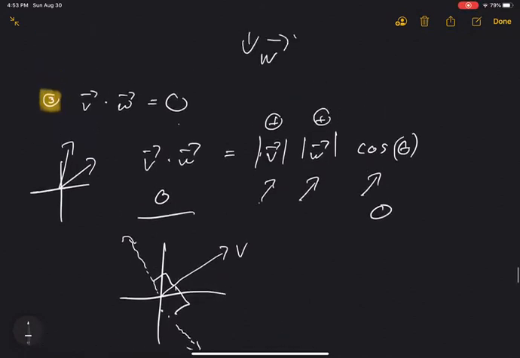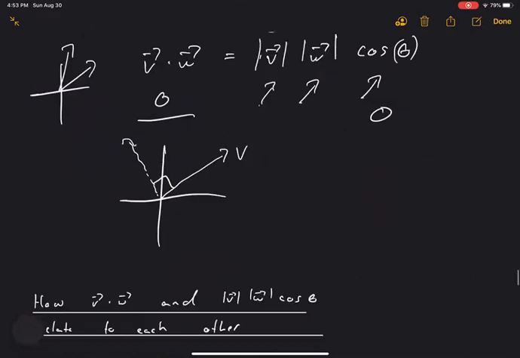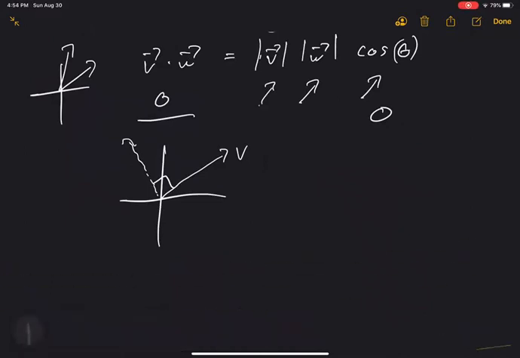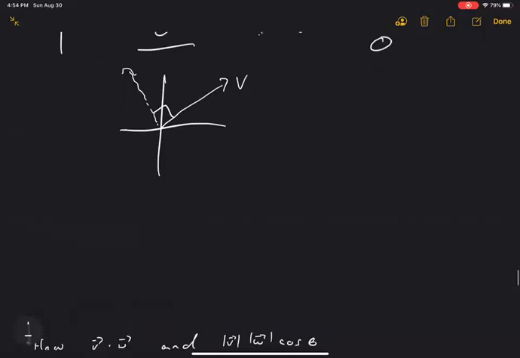Now, when two vectors are at 90 degrees from each other, you might be used to the terminology perpendicular. We would say v and w are perpendicular, and we'll see that terminology in the course.